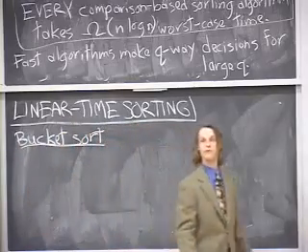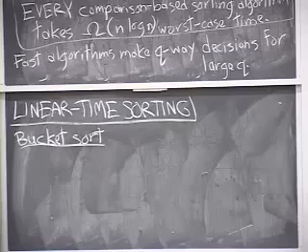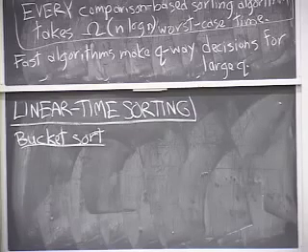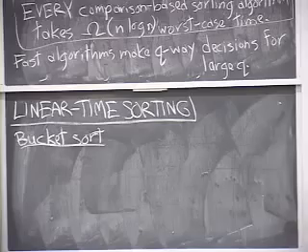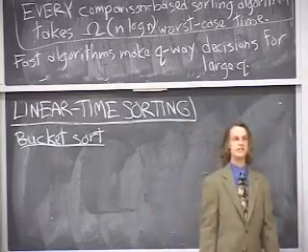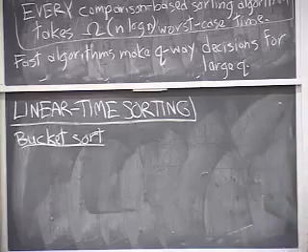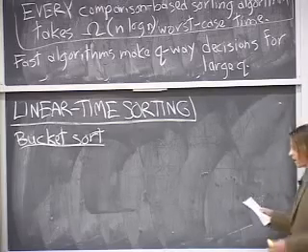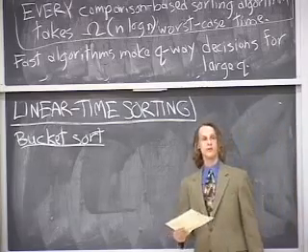We're going to start off with a special purpose sorting algorithm called bucket sort. And eventually we're going to move up to a more serious, more general purpose sort next class. But for now, bucket sort's a little bit limited.